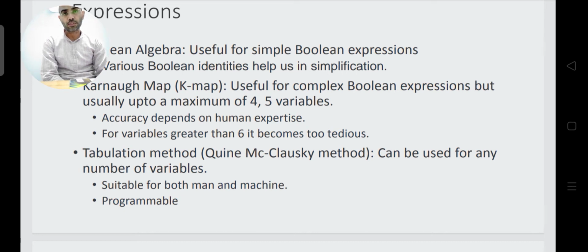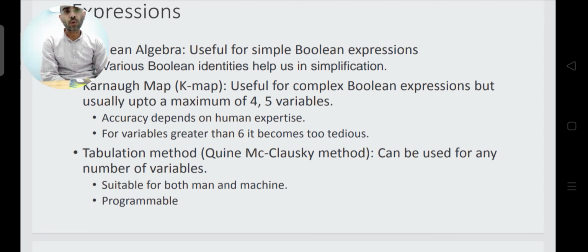If you want to automate the simplifying technique, you can use this method. In computers, to simplify the expressions, we use this tabulation method. It is suitable for any number of variables, and you can program this method. That is the good thing about this method.